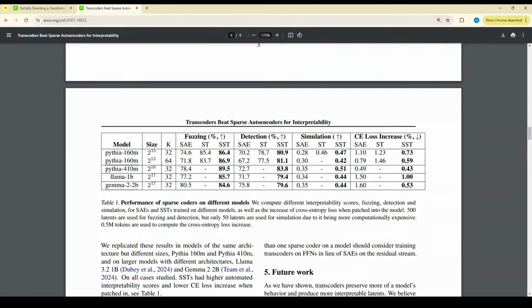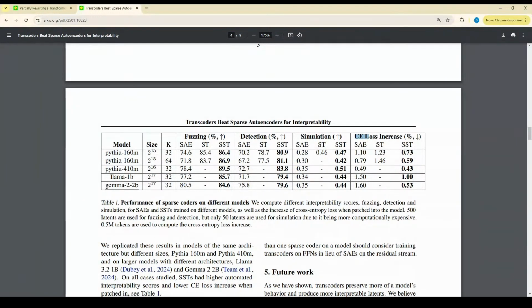Both scores, the average scores of detection and fuzzing, are higher. Simulation, which I didn't talk about, is also higher. This is for the people that maybe are a bit more distrusting of fuzzing and detection. And the increase in cross-entropy loss is also lower for the skip transcoder, even for larger models.